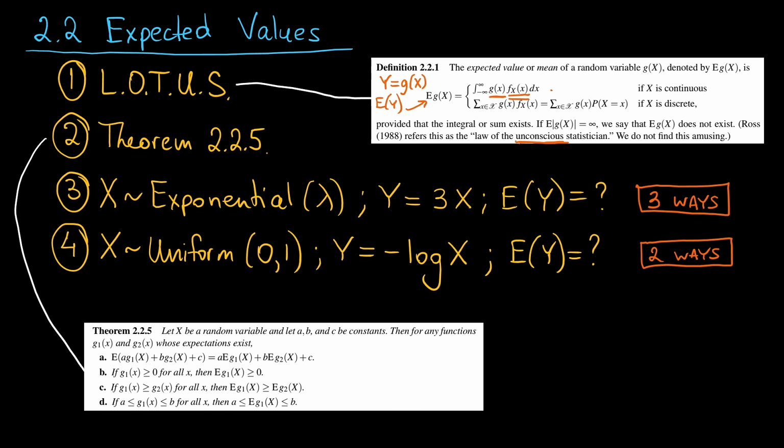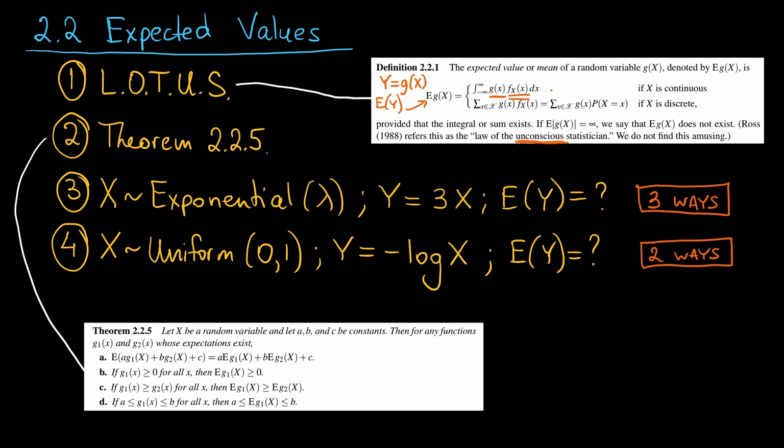So the word unconscious in LOTUS suggests that we may have accidentally put in the PDF of x there when we should have put the PDF of y, or the PDF of g of x. But it turns out that we're fine. This is correct. And the reason it is correct was covered in great depth in the previous video on section 2.1, because if y is a deterministic function of a random variable x, then x is the only source of randomness for y.